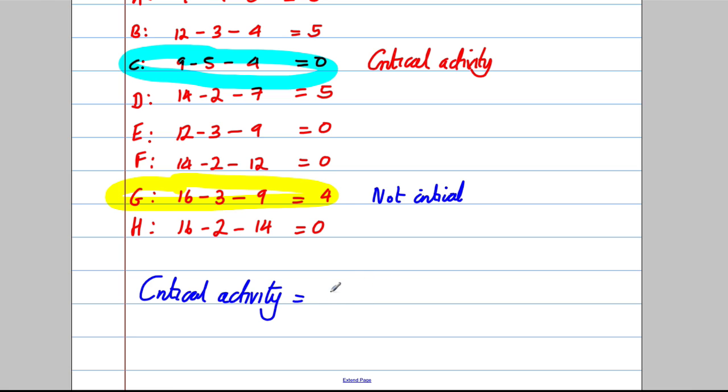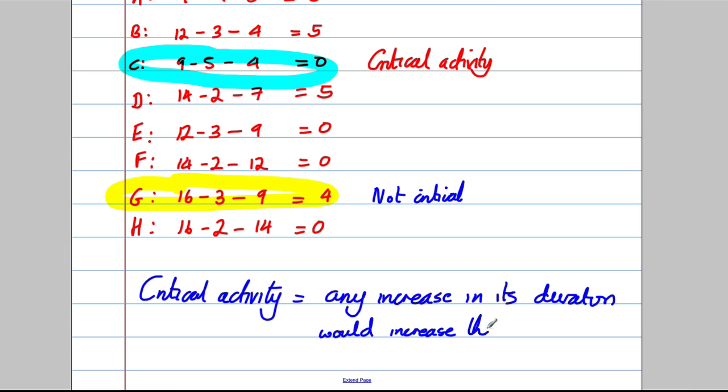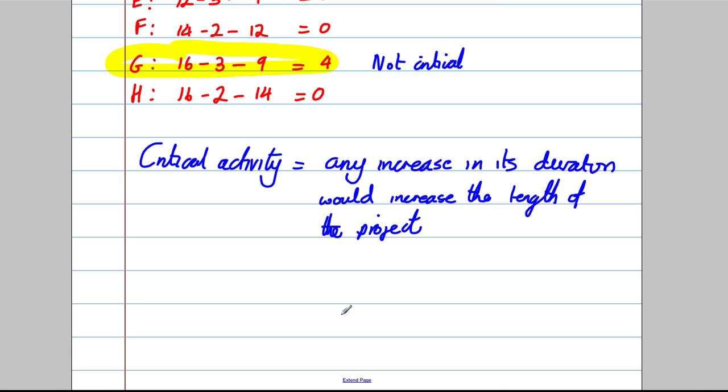Well, a critical activity is an activity where any increase in its duration would increase the length of the project, or the time of the project. So that's what's called a critical activity. And you know it because it's always got a float equal to 0.